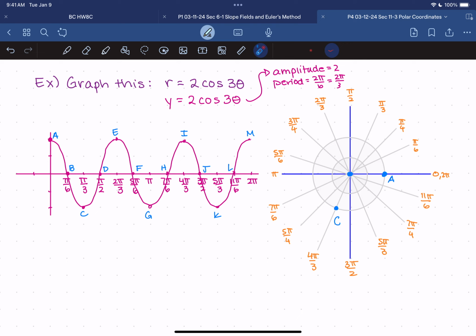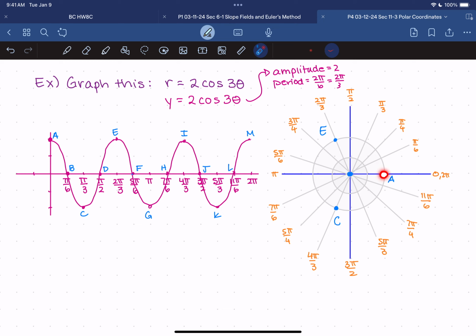E is at 2 pi over 3 with a radius of 2, so it's right up there. F takes me back to the origin. G is at pi, except it's down here with a negative radius, so I'm going to go in the opposite direction.